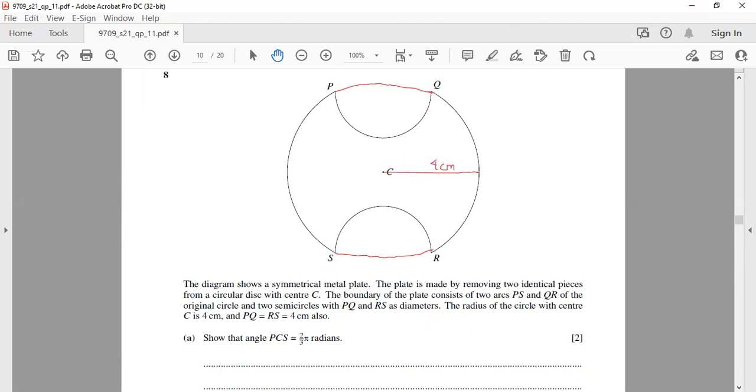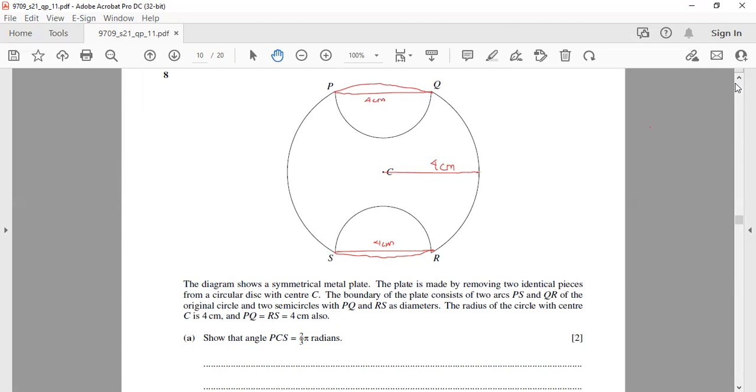And PQ, the distance PQ, and S is 4 centimeters as well.